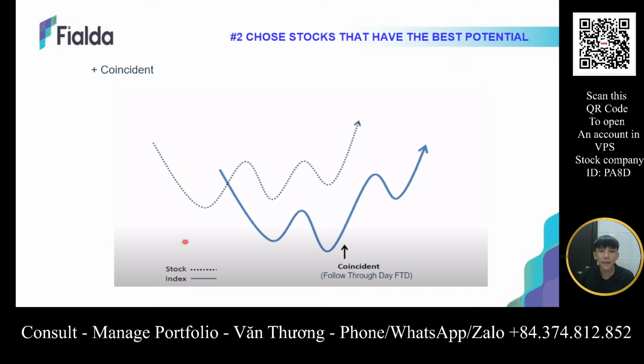For example, in the morning the index goes down 30 or 40 points, but at the end of the day the index closes down just 1 or 2 points.